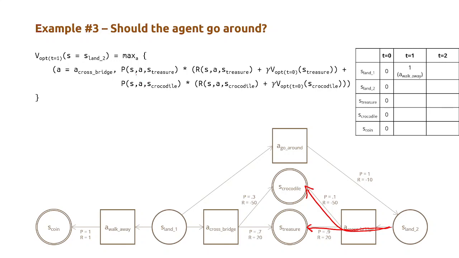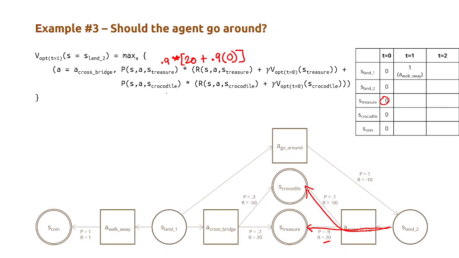So what's the probability of going to the treasure when you're in S2? It is 0.9, times the reward of 20, plus gamma of 0.9 times the optimal value of treasure at time t equals 0, which is 0.